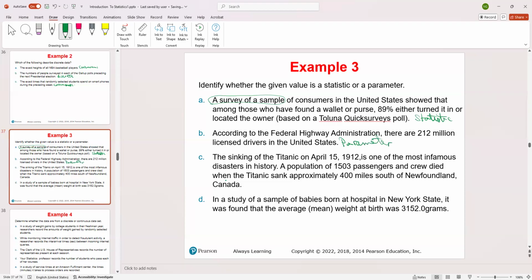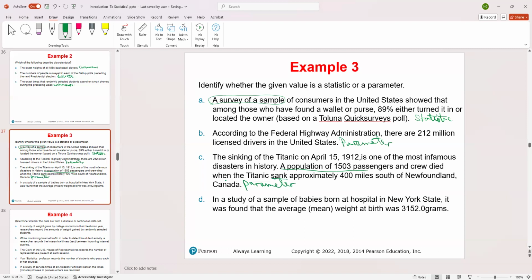The sinking of the Titanic on April 15, 1912, is one of the most infamous disasters in history. A population of 1,503 passengers and crew died when the Titanic sank approximately 400 miles south of Newfoundland, Canada. So now they said that's the entire population that died. They don't take a sample of it, so that should be a parameter.